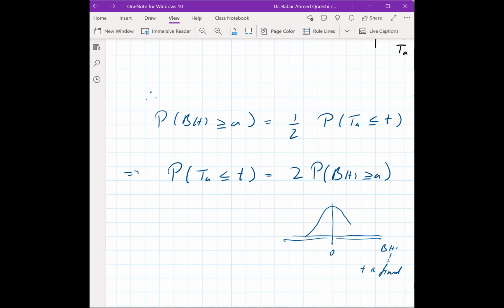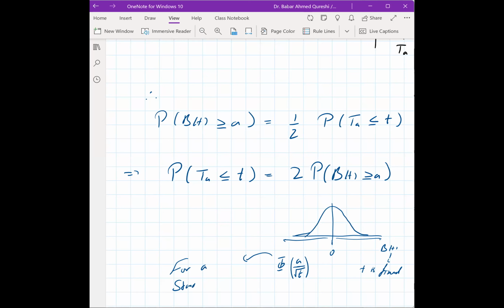So this is its distribution. And I have this function phi of A.